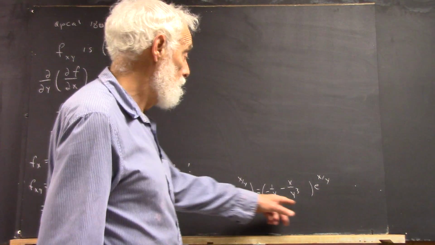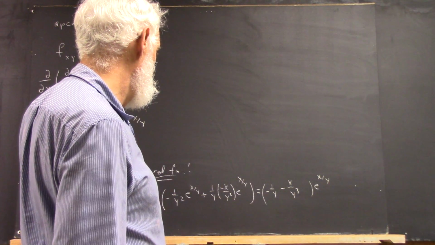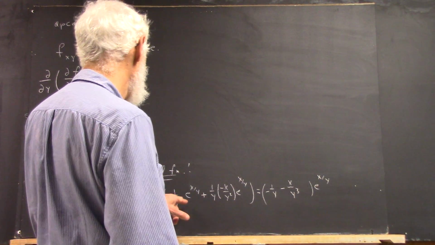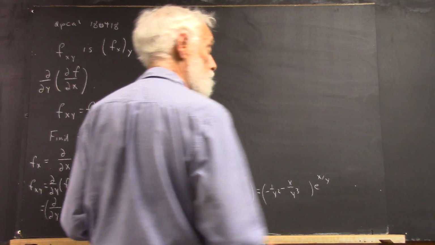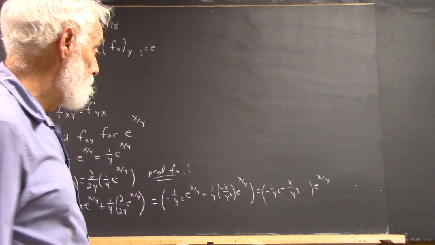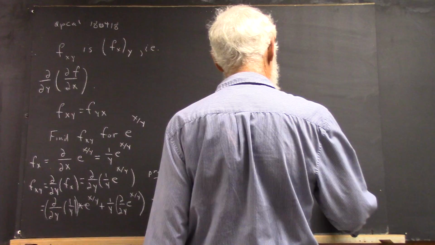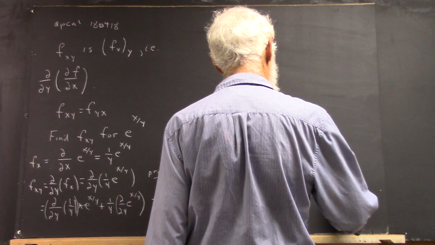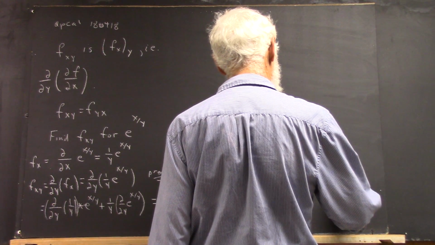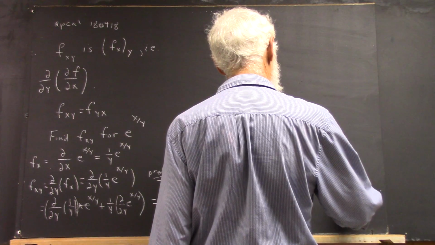Then we say, oh yeah, I can factor out a y squared, which I didn't write here. 1 over y squared, right?